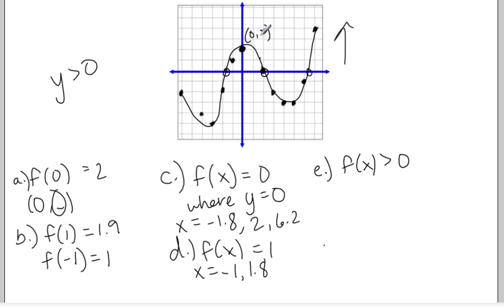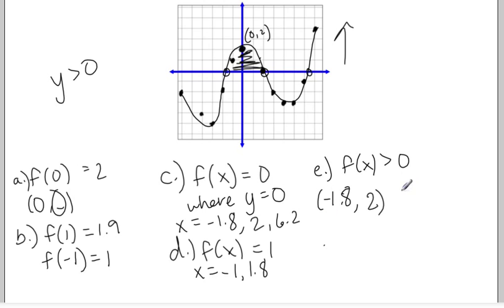So our first interval is right here. We have to see where on the x-axis that is. So it crosses, we already saw it cross at about negative 1.8, so that's our first point. And then the next point where it comes back to cross is 2. So we're saying that we have an interval of where y is positive from negative 1.8 to 2.